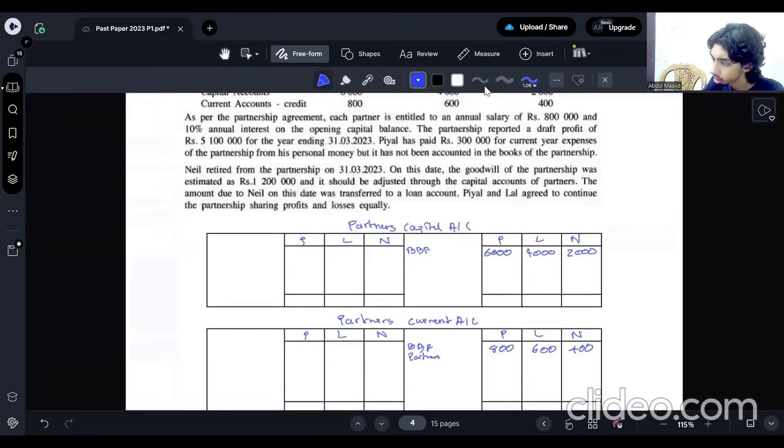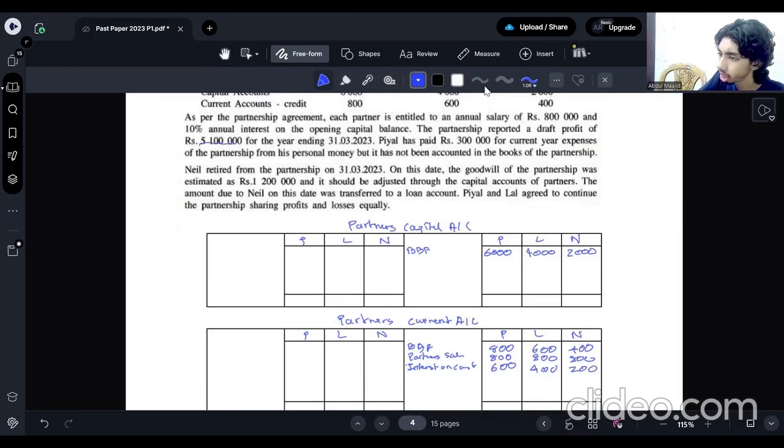Partner's salary: 800, 800, 800. Interest on capital, 10% of opening balance. Then 6,000 into 10%, 600. Then 4,000 at 10%, 400, and 10% of 2,000, 200.